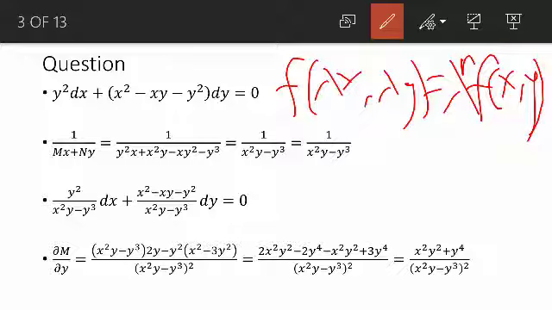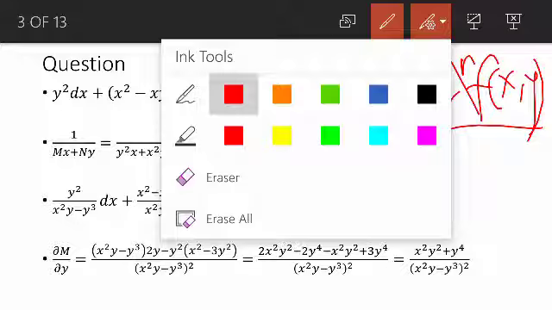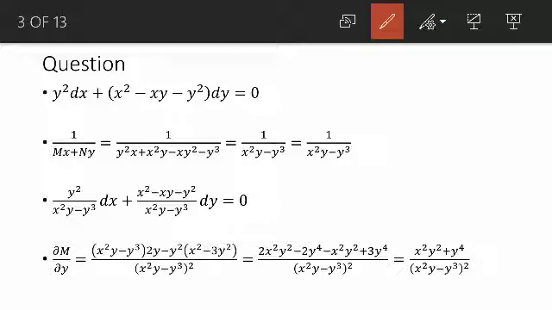Never forget that. What that means is if I substitute x and y with lambda x and lambda y, then if it is homogeneous, it must be f of (x, y) times lambda raised to power any number. And we can try that quickly.